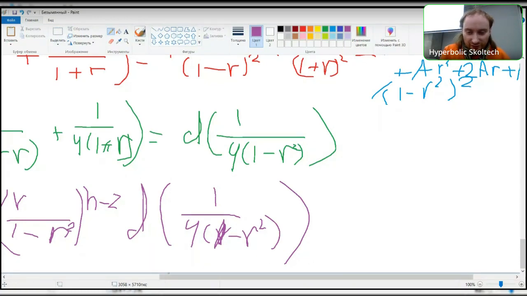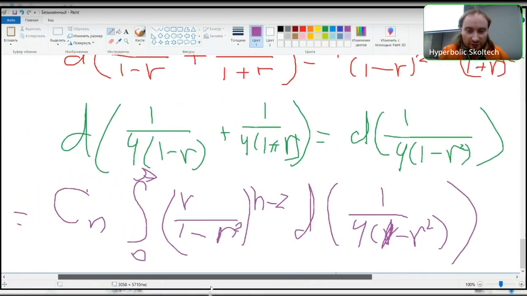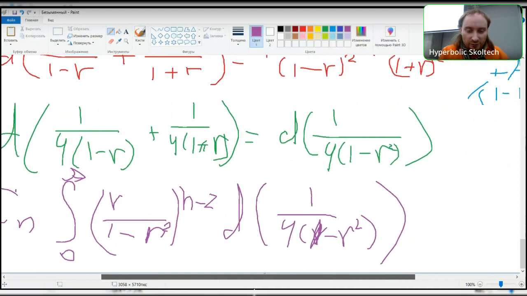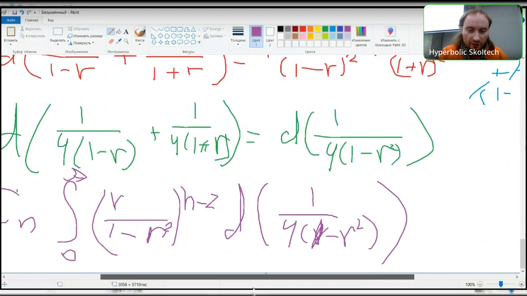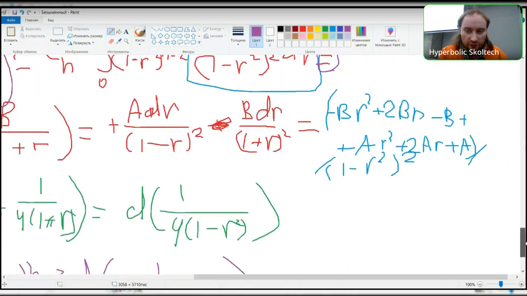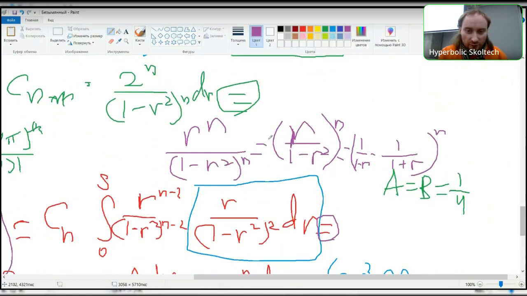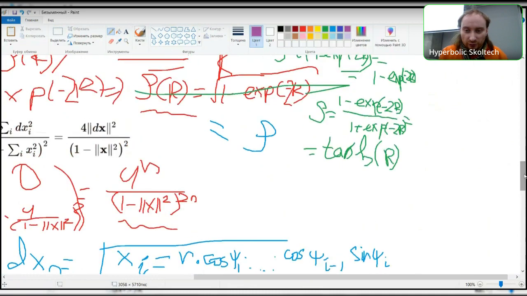So let's continue then. My main point here was to show that this is a rational function of power 2n, and you should substitute exponents here.